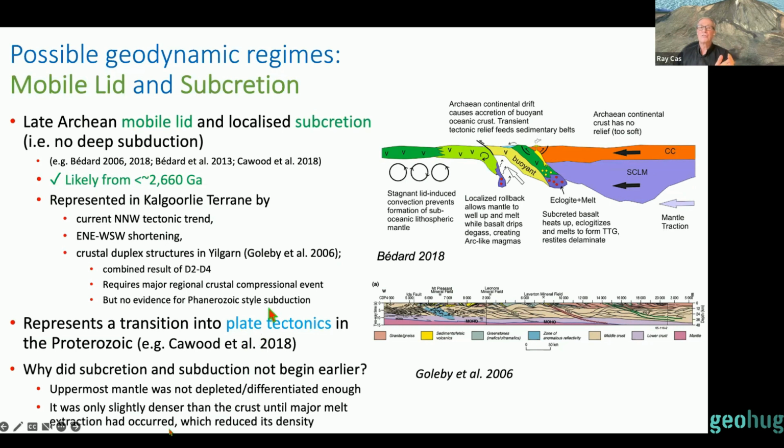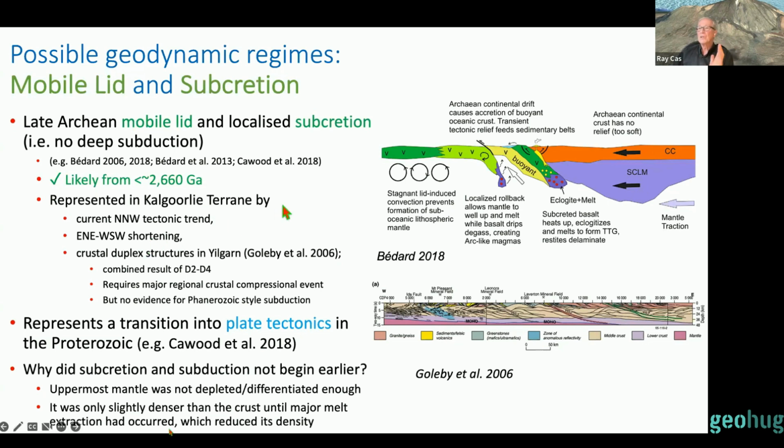They represent the onset of convergent collisional tectonics, compressional tectonics, uplift of not only the supracrustal sequences of the Yilgarn, but perhaps older, deeper seated crustal basement sources, shedding of that debris, and then, of course, leading to the overprint of the D2 to D4 compressional deformational fabrics, which have long been recognized in the Yilgarn Craton, and particularly in the Eastern Yilgarn Craton.